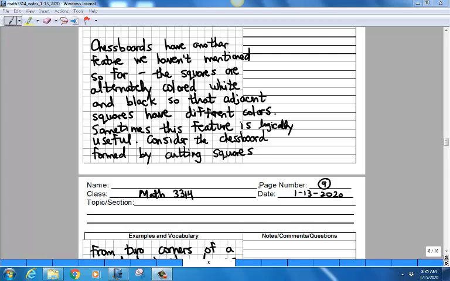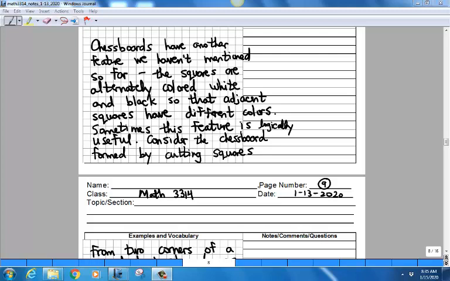Last time we were talking about a specific example of a combinatorial type situation, and that was tiling a chessboard. Chessboards give us lots of good opportunities, or they're a really good setting for combinatorial type questions.